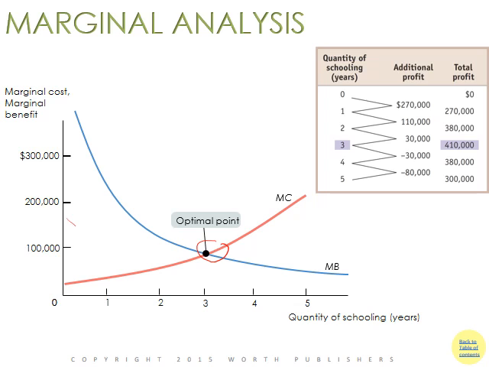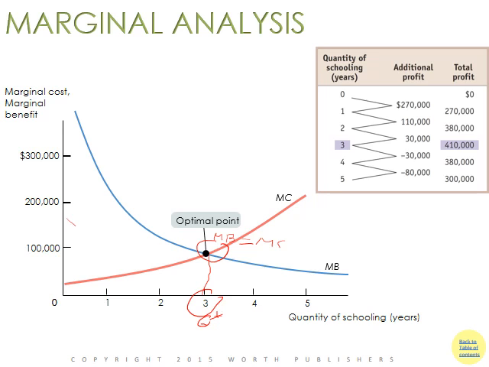So where these two curves intersect is where marginal benefit just equals marginal cost at 3 years of schooling. So this is going to be our optimal level of schooling, and that's where our marginal benefit just equals our marginal cost.